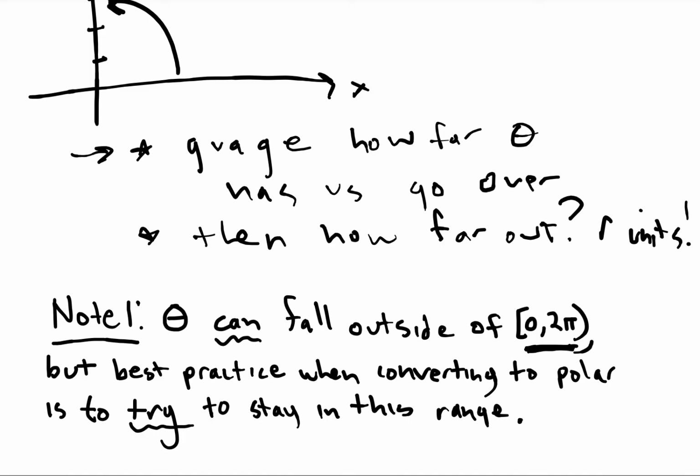If I had given you pi over 2 plus 2 pi in that previous example, notice that doesn't actually change my angle. We can do that, okay? So my angle can fall outside of that range, but if you're worried about giving somebody polar coordinates for something, usually we want to try to stay inside of the range 0 to pi as best as we can.